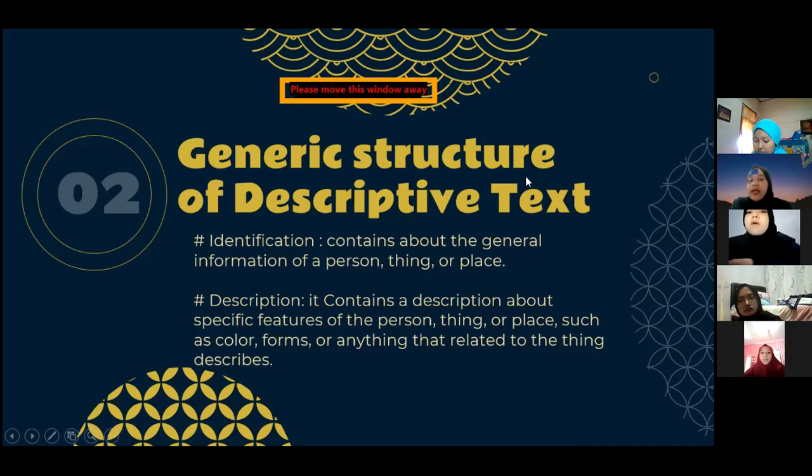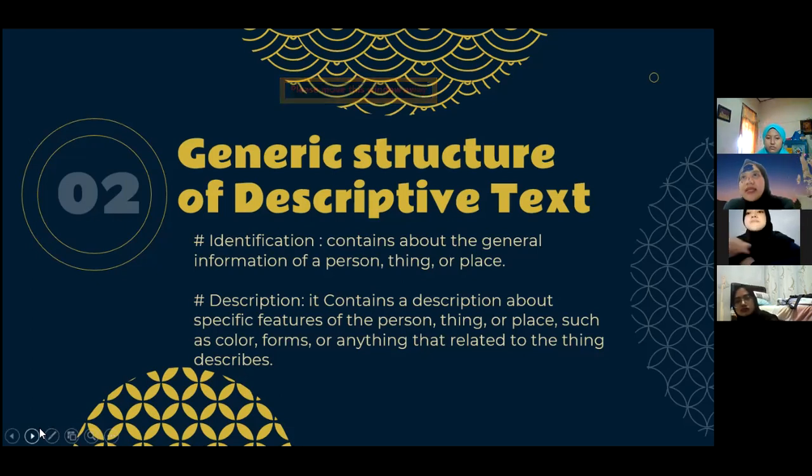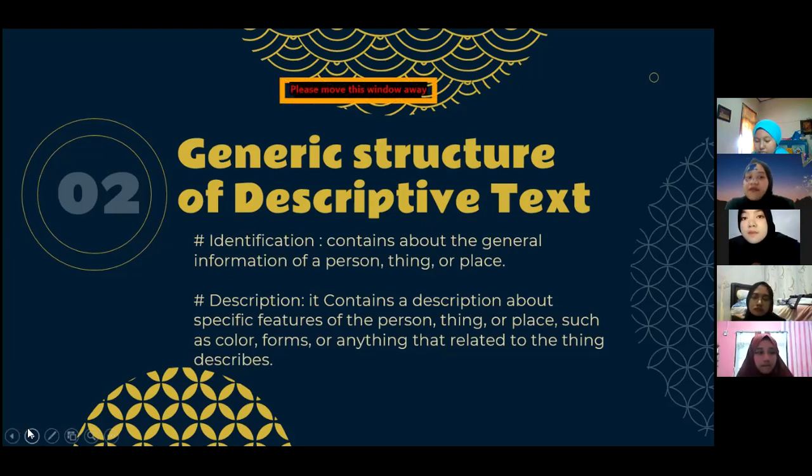Descriptive text is always the identification, then the descriptions. If you look at the first sentence of the first paragraph, that will be the identification. The second or third paragraph will be the description of the specific features of the text. Do you get the point, guys? Yes, I do, Miss.